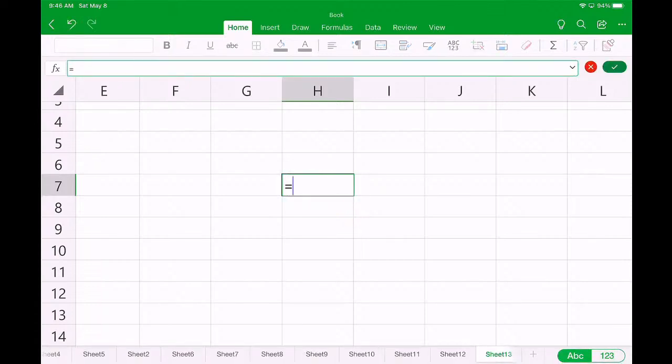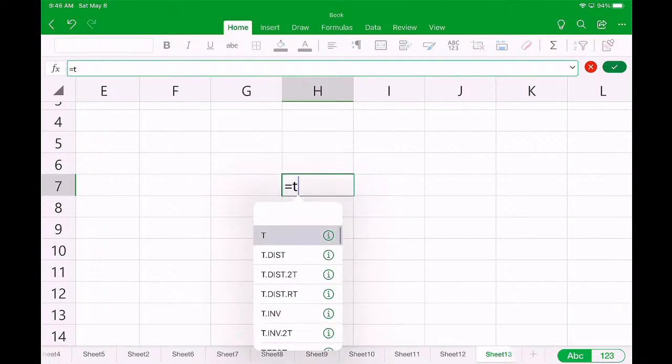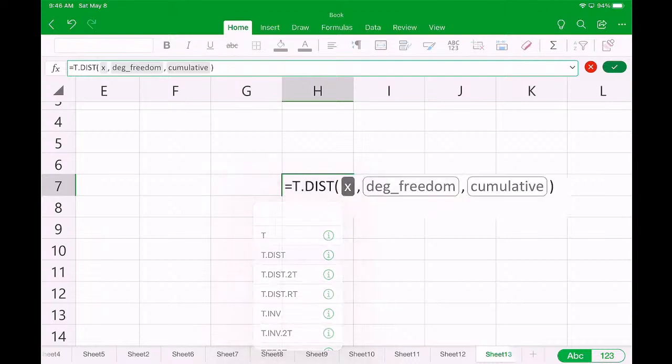So equals t distribution. You have some options. I'm going to use t distribution and then 1.5.